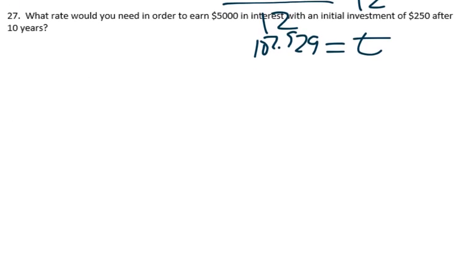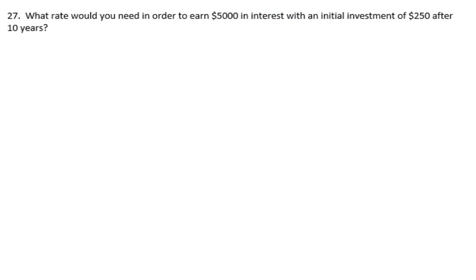All right, 27. What rate would you need in order to earn $5,000 in interest with an initial investment of $250 after 10 years? Okay, so this just wants the $5,000 in interest.